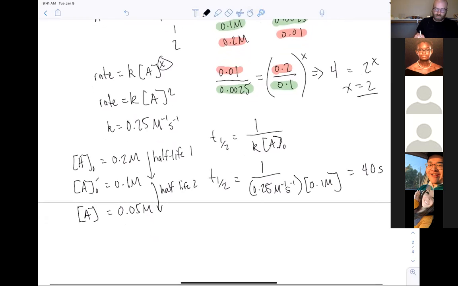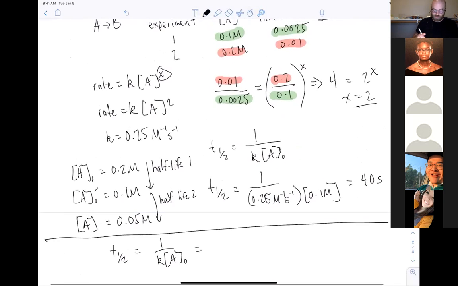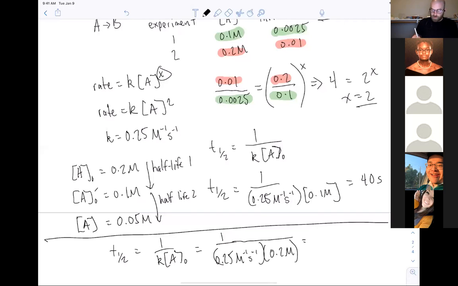Another way you could do it is just say, if I know that the half-life is equal to 1 over k times a sub 0, then the better way to say it is probably just to look at the half-life for the initial concentration and say, well, okay, it's 1 over 0.25 times 0.2. And we come out with the answer that, what is that, 20 seconds.